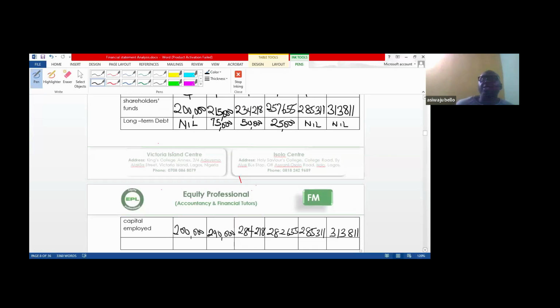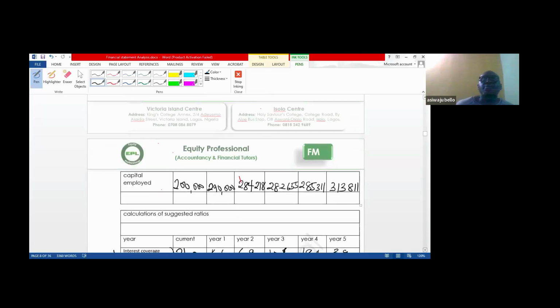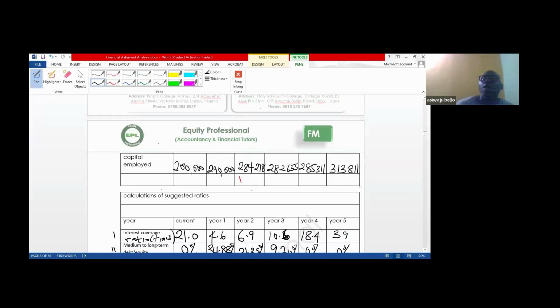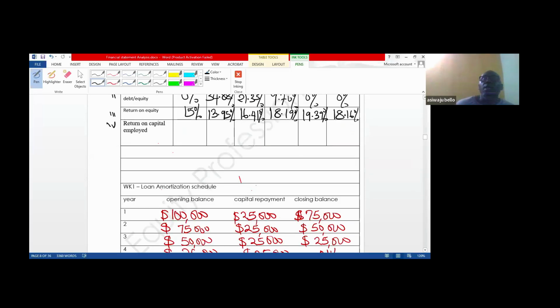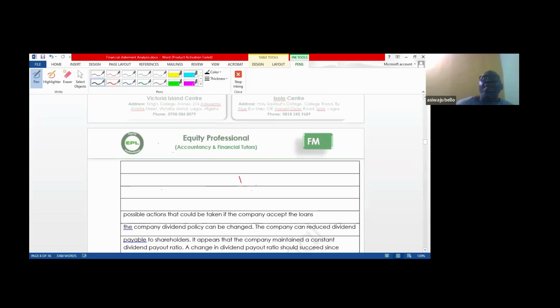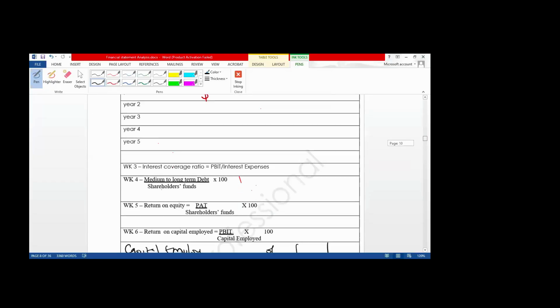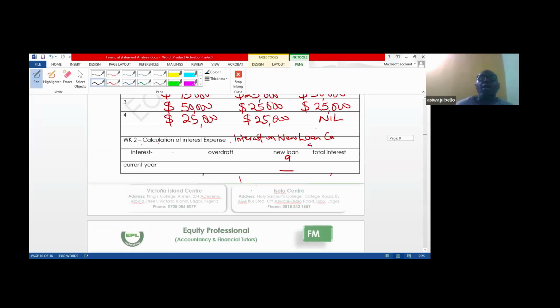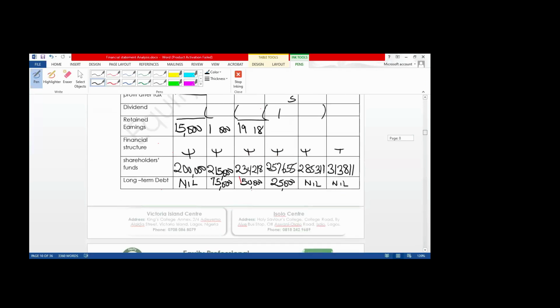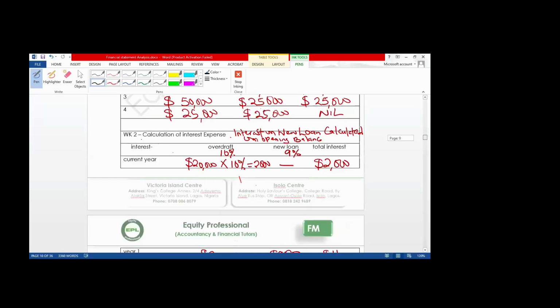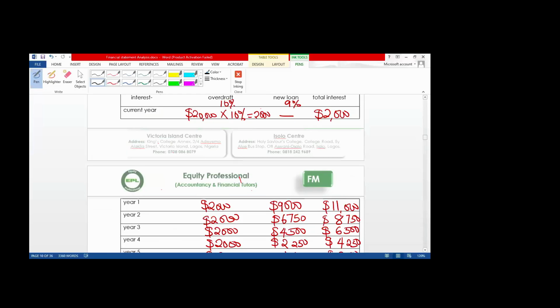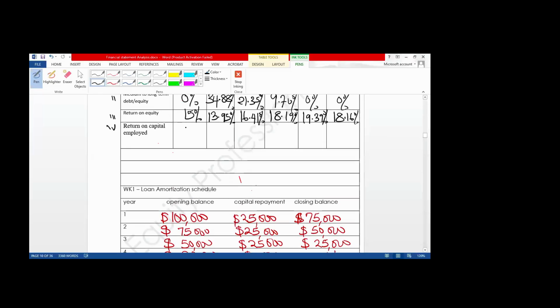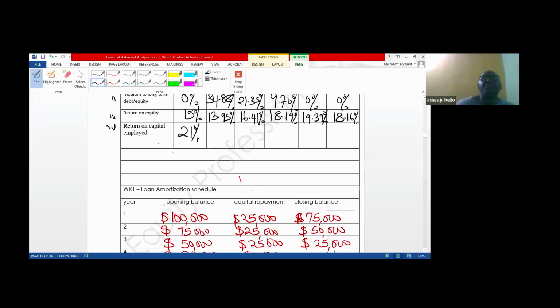You can compute here. 42,000 divided by 200,000 multiplied by 100. That will give me 21%.